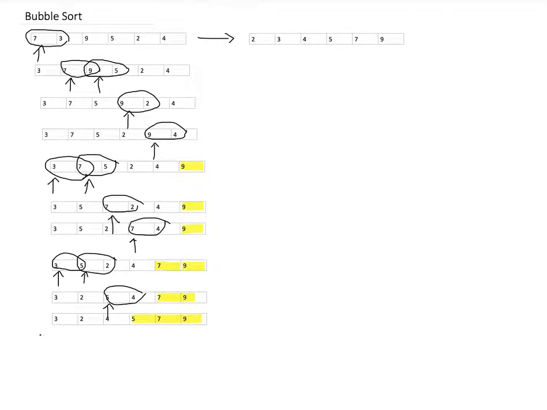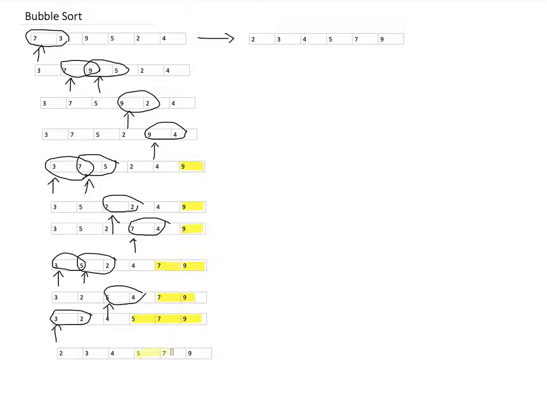Now we have to restart this process. What we can do is move the pointer to the first location again, and we compare 3 and 2. 3 is larger than 2, which means we have to swap them. So 2, 3, 4, 5, 7, 9.